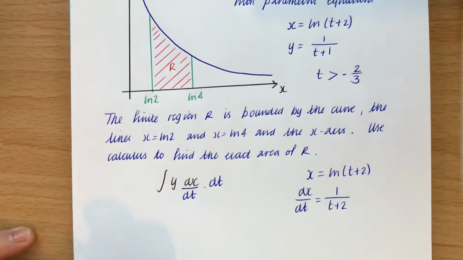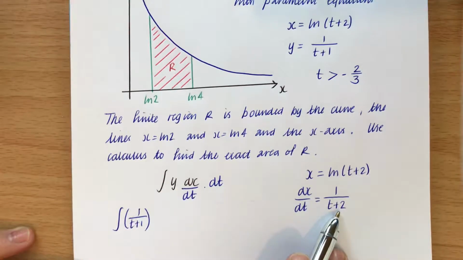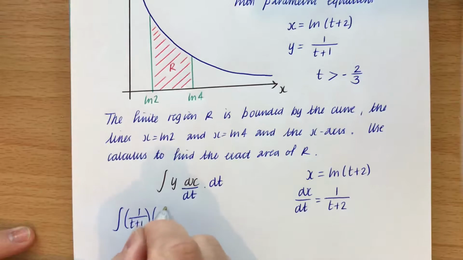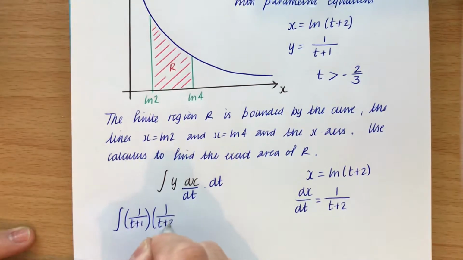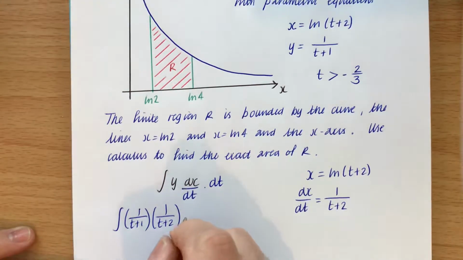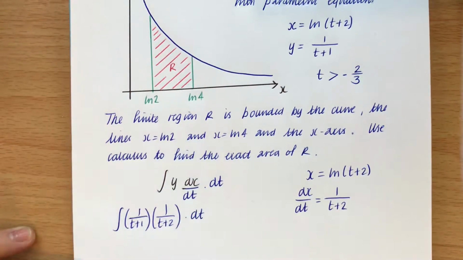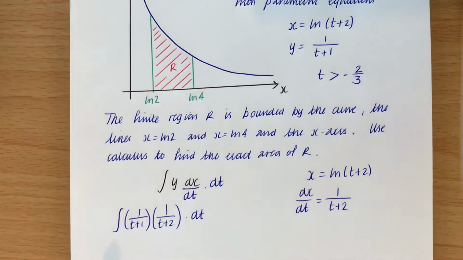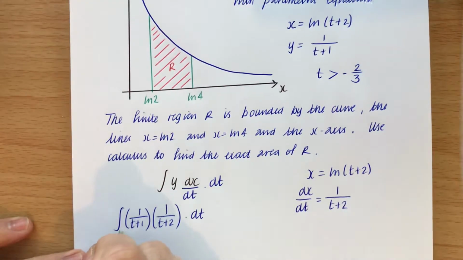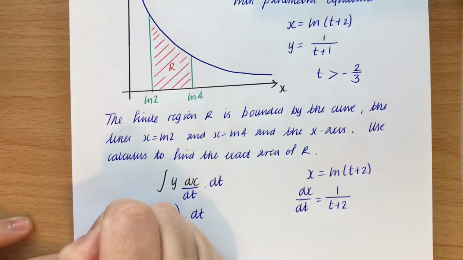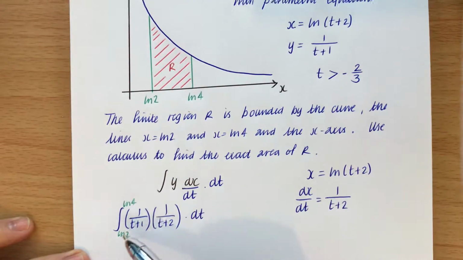So, substitution: y being substituted in first, 1 over t plus 1, and dx by dt being subbed in now, 1 over t plus 2, dt. So that is what we need to integrate. Oh, and I have missed off the limits from log 2 to log 4. So integrating from here to here.